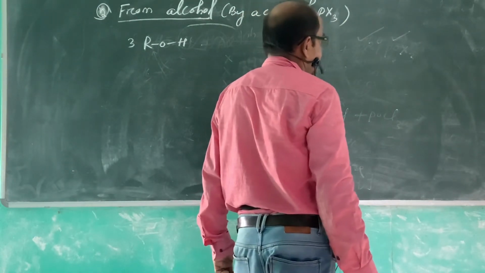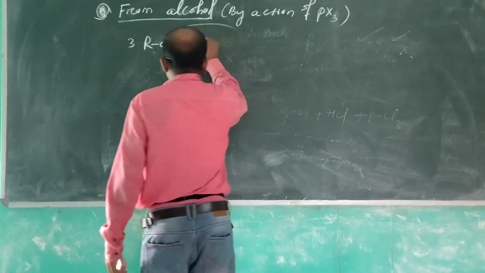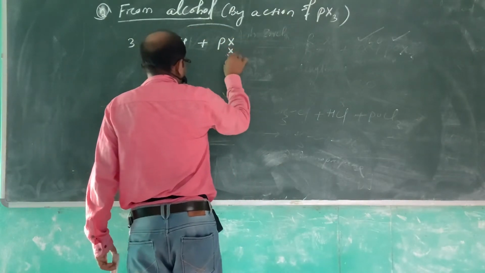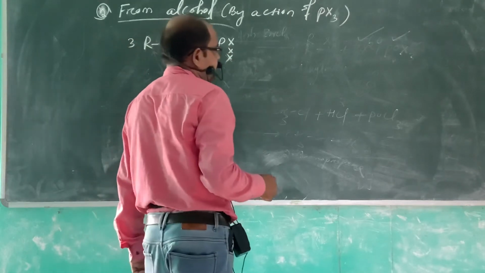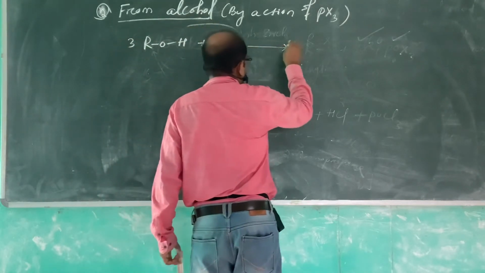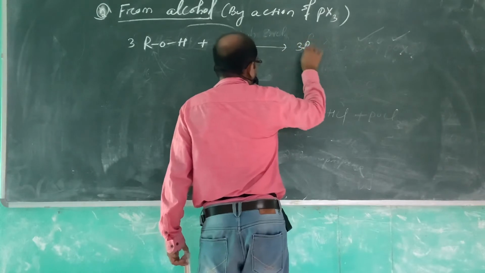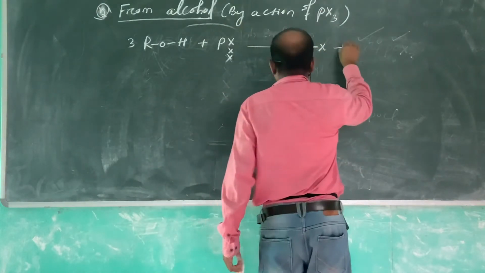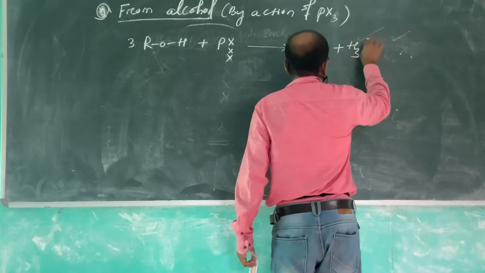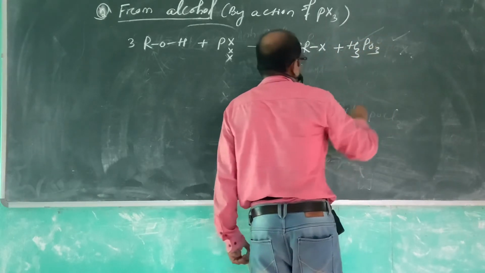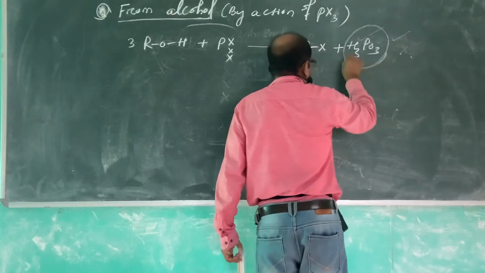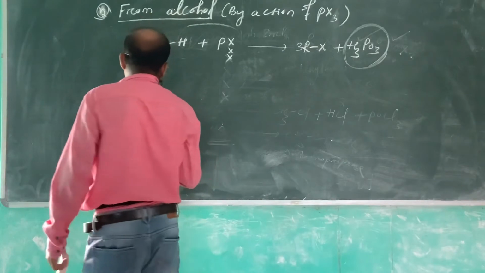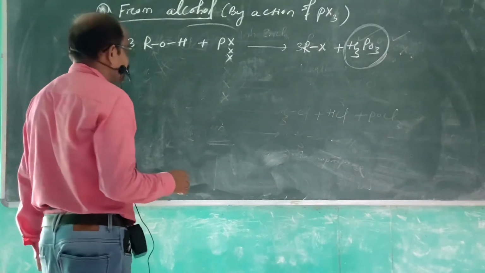Alcohol reacts with the PX3 and gives alkyl halide, 3 molecules of alkyl halide, along with H3PO3. This is called phosphorus acid, H3PO3. How to get alkyl halide and phosphorus acid?